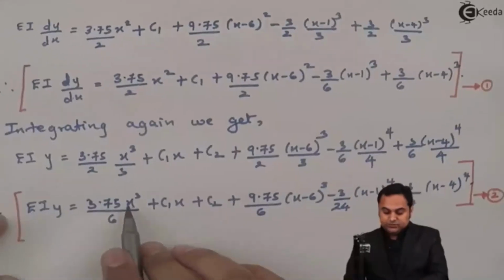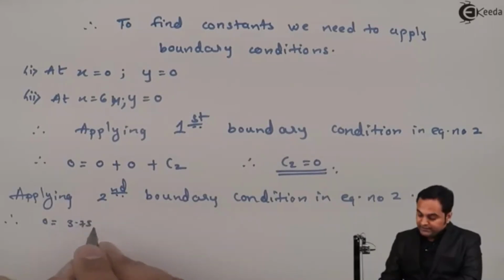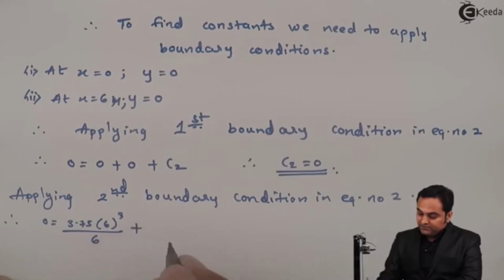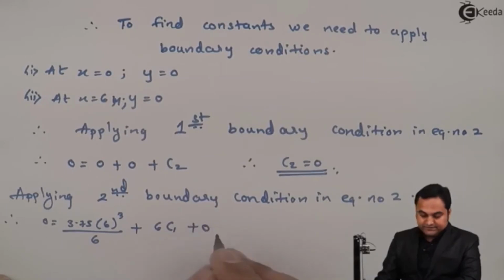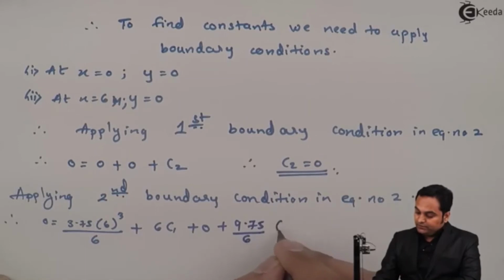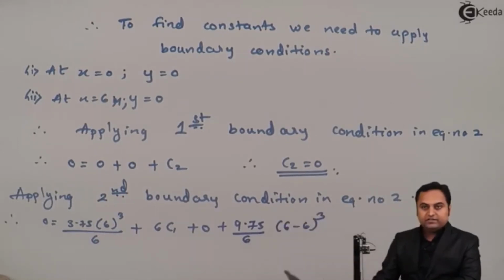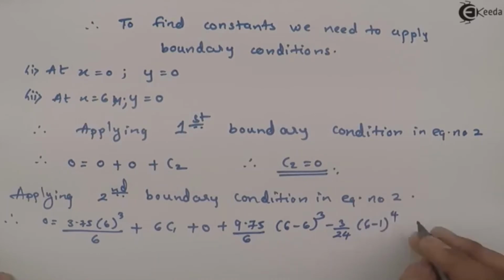We have to replace x with 6 meter, so I'll go on putting the values. 3.75 into x cube, so it is 6 cube divided by 6, plus C1 into x, that is 6 C1, plus C2, that is 0, plus 9.75 by 6 into 6 minus 6 whole cube. This term will get cancelled out, 6 minus 6 is 0. Then minus 3 by 24 into 6 minus 1 raised to the power 4, plus 3 by 24 into 6 minus 4 raised to the power 4.